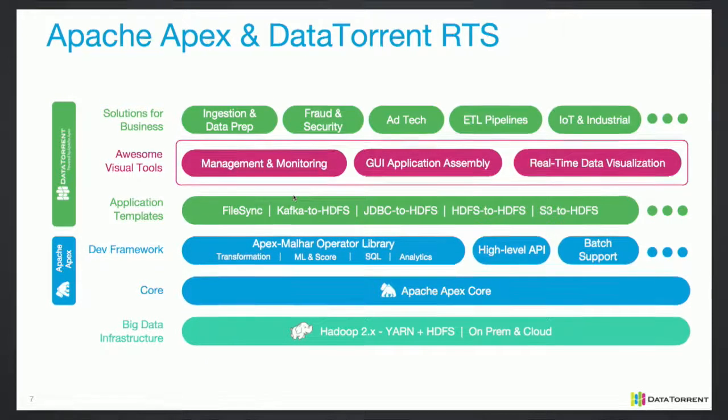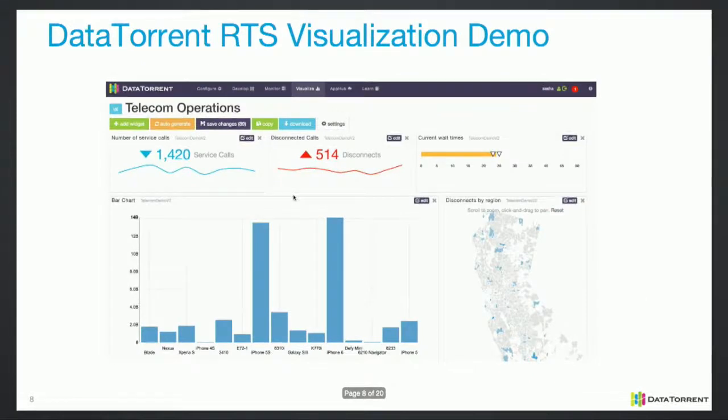Then there's the DataTorrent RTS platform, which runs on top of Apex, and it enables all kinds of things, including real-time visualizations, which is what most of the talk will be focused on. And it supports all kinds of solutions above that. So without further delay, let's jump into the demo.